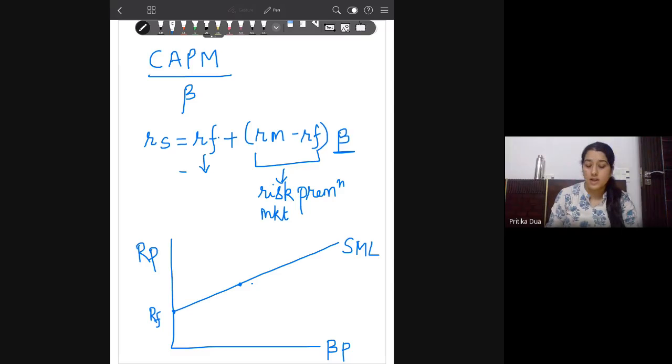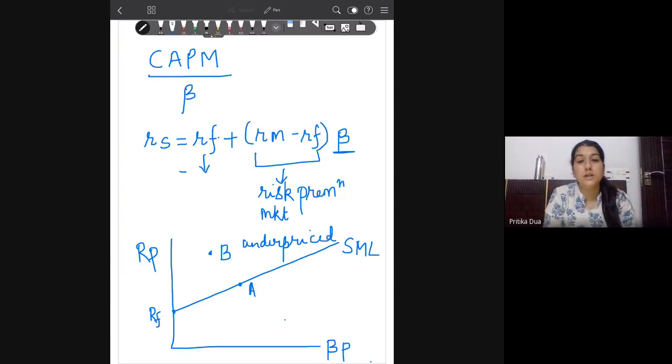Any security above the SML, say security B, is an underpriced security. Why underpriced? Because it is giving you a return higher than the SML. So it is more than efficient security, and hence it is underpriced in the market.